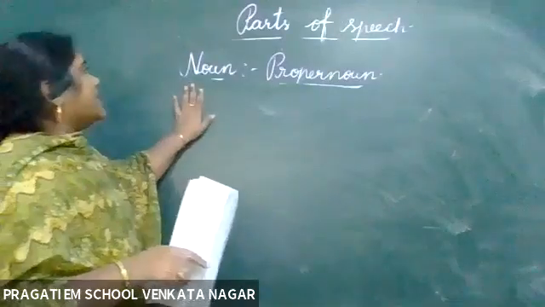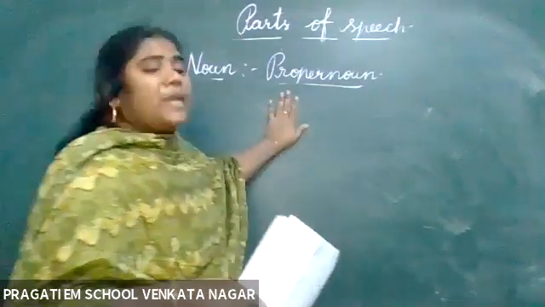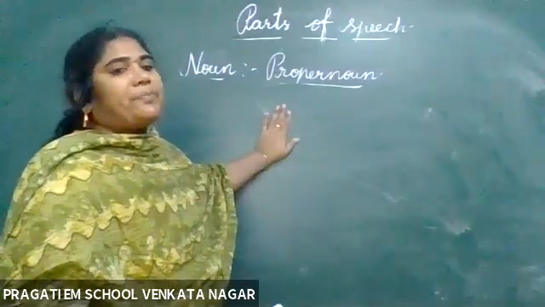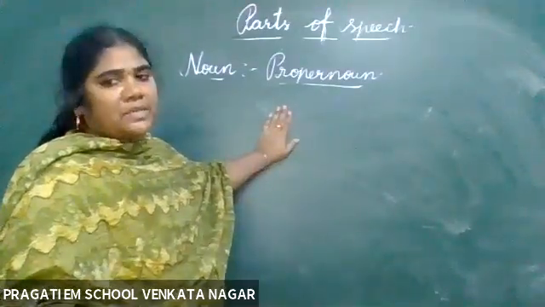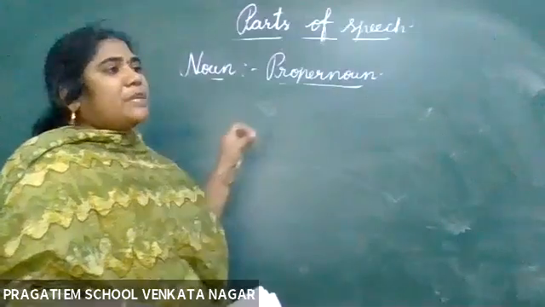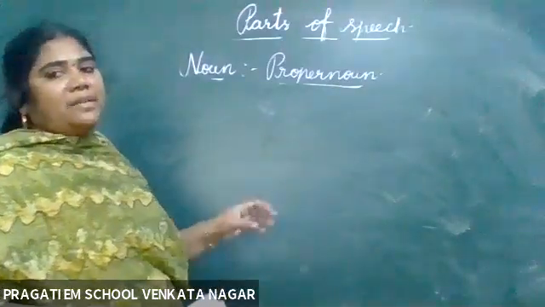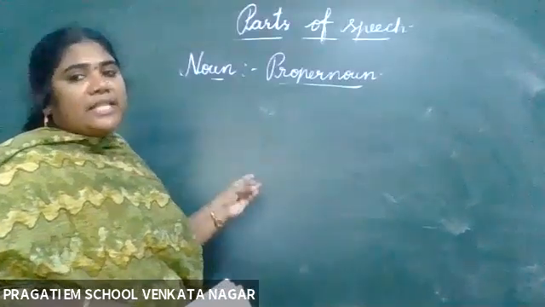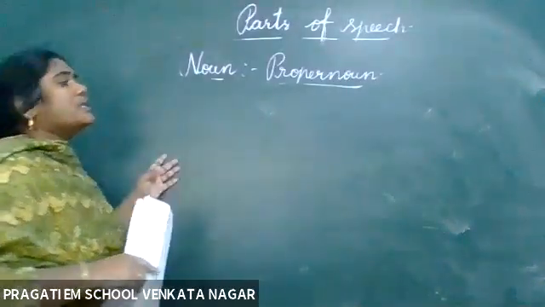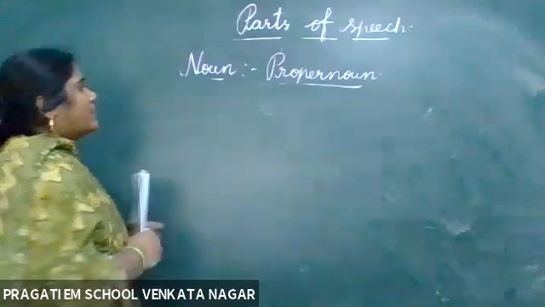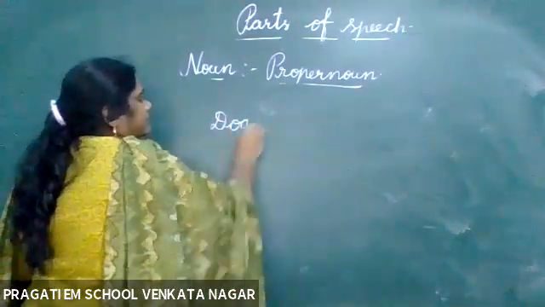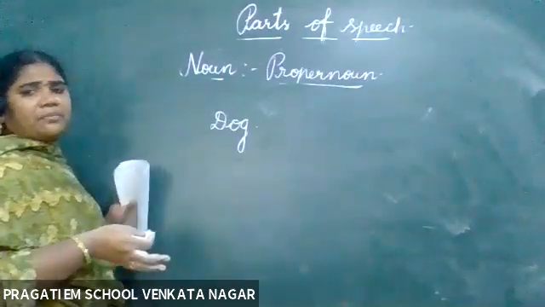Among nouns, you have proper nouns. That means we call it with a particular name. Proper nouns are particular names for that person, place, or thing. For example, see here, dog. It's a common name, dog.